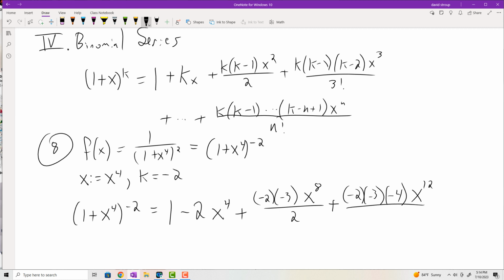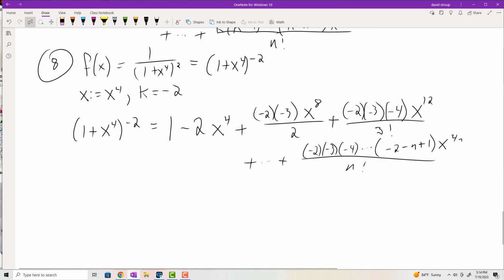You multiply the exponents. And then all the way up to negative 2 times negative 3 times negative 4, dot dot dot, all the way up to negative 2 minus n plus 1, times x to the 4n all over n factorial.